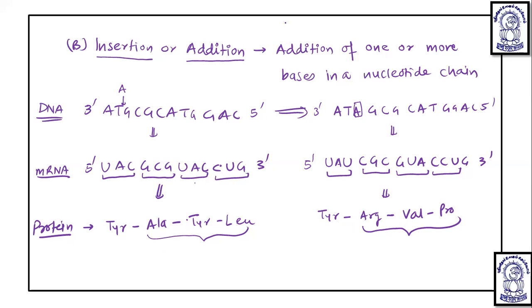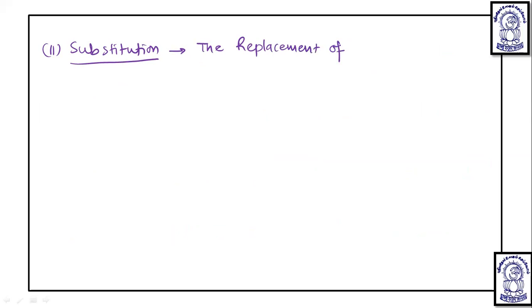After frameshift, we are going to talk about another type of gene mutation, that is substitution. When we talk about substitution mutation, what happens? The replacement of one base by another.